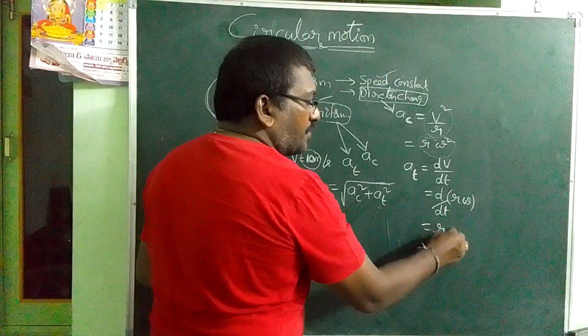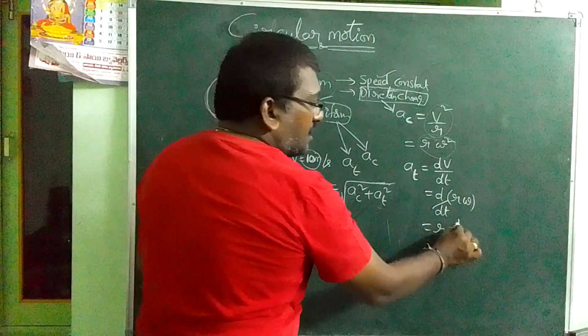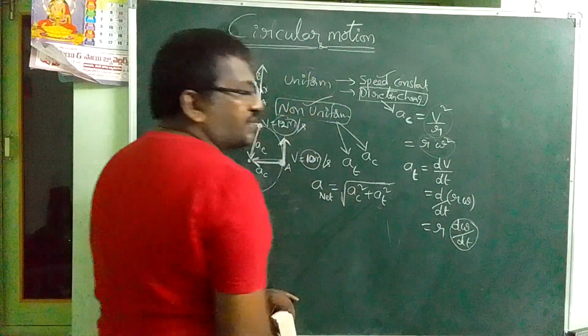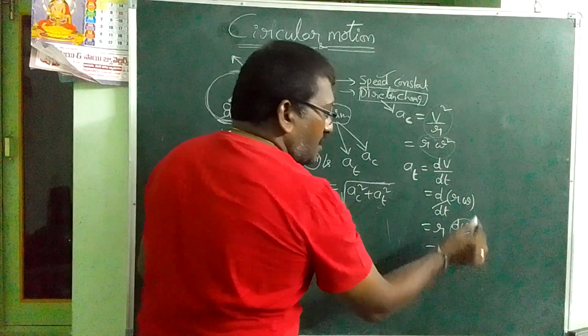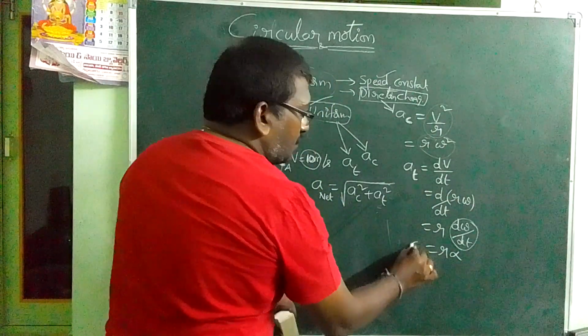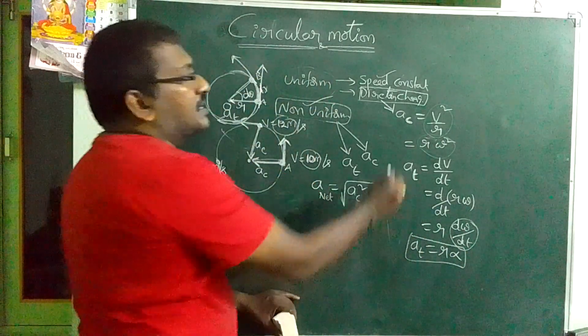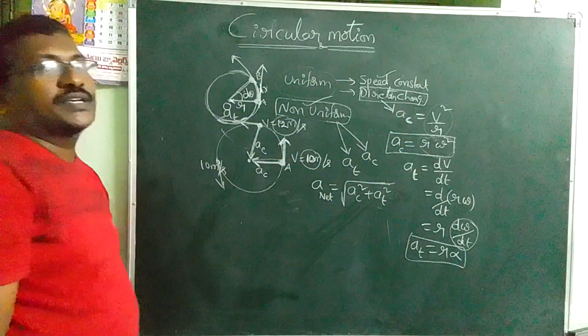Take r common because the radius is constant at any position. So r d omega by dt. d omega by dt means the rate of change of angular velocity, that is called angular acceleration or alpha. So finally tangential acceleration AT is equal to r alpha. Centripetal acceleration AC is equal to r omega square.